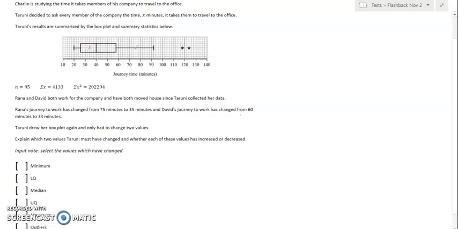And David's journey has changed from 60 minutes, so he was also in the whisker, and he's now changed to 33 minutes, which is also in the bit between the lower quartile and the median.